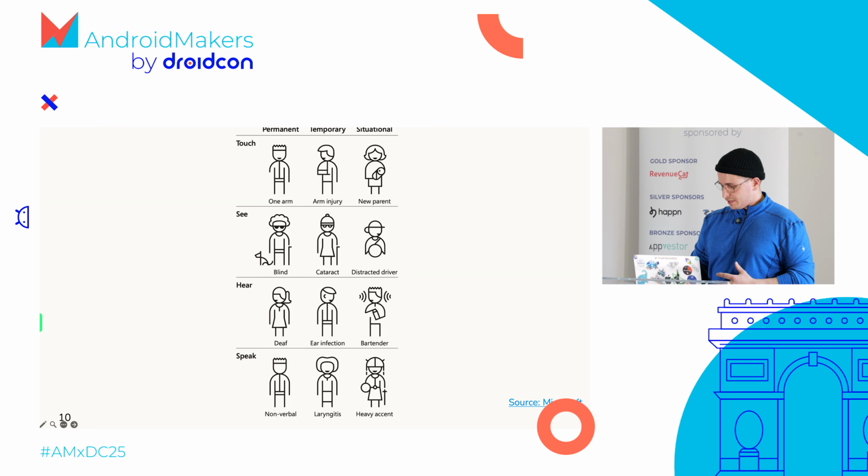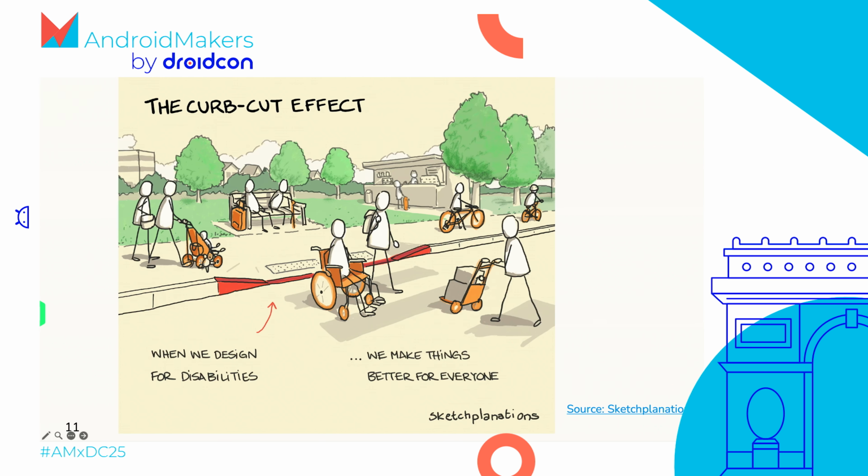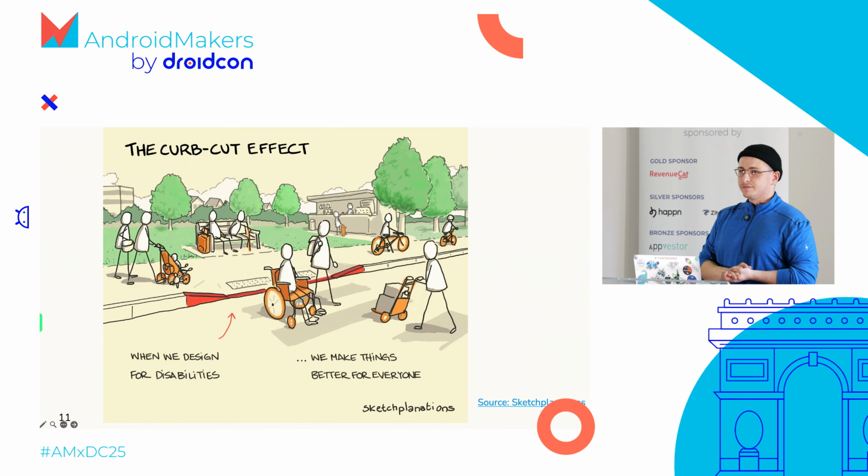Therefore, everyone benefits. And this is called the curb cut effect. In this sketch, the city authorities decided to cut the curb so a person in a wheelchair can cross the road, but the person delivering packages, or the cyclist, or the traveler can all benefit from the same solution.